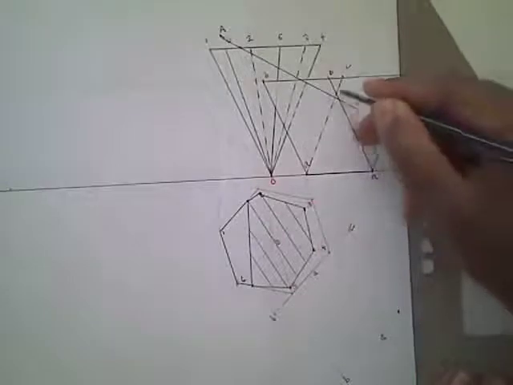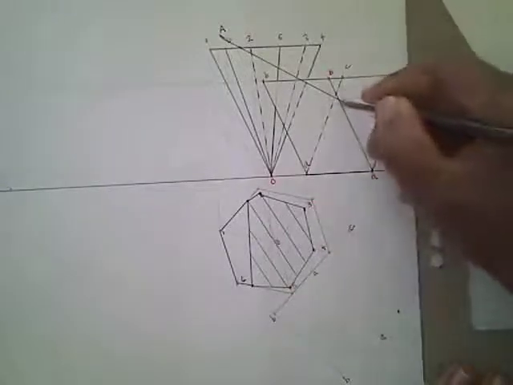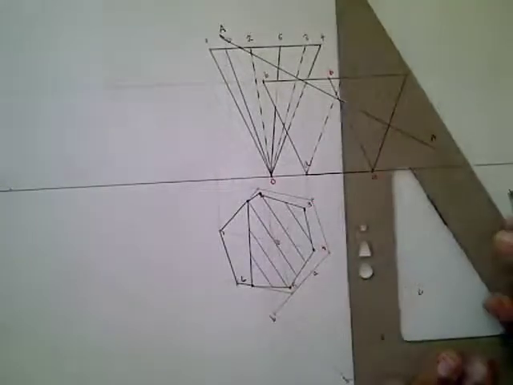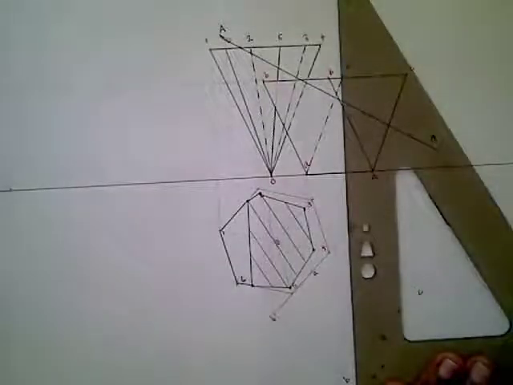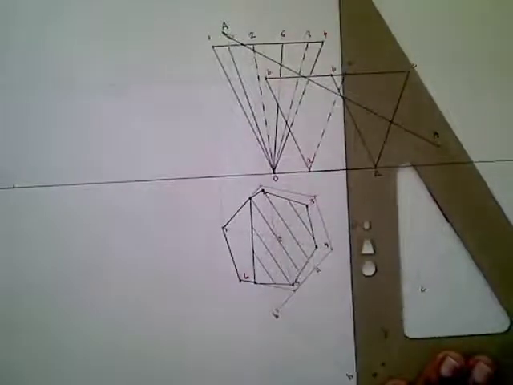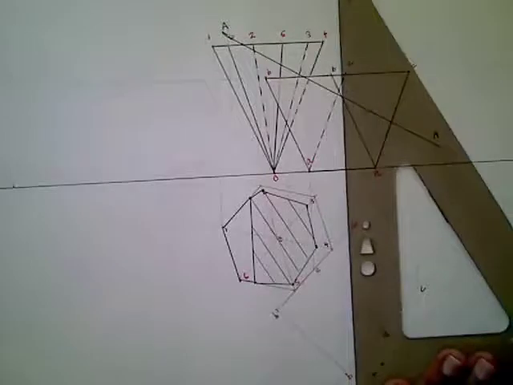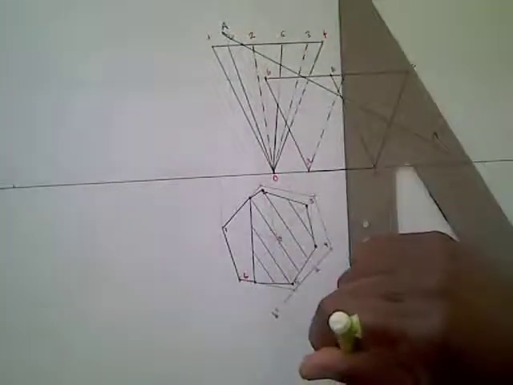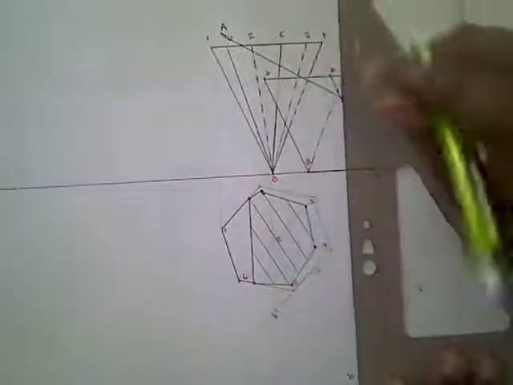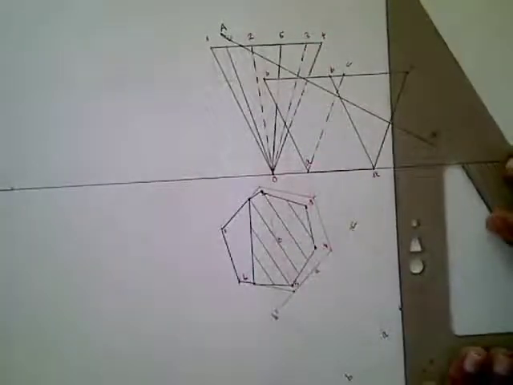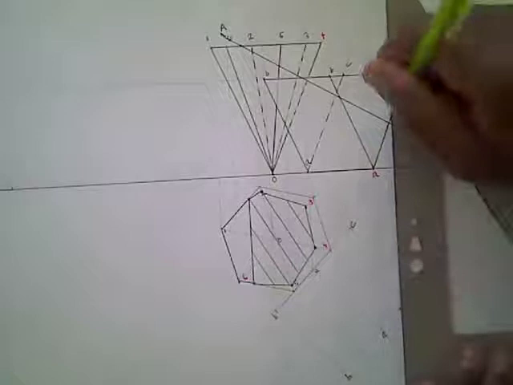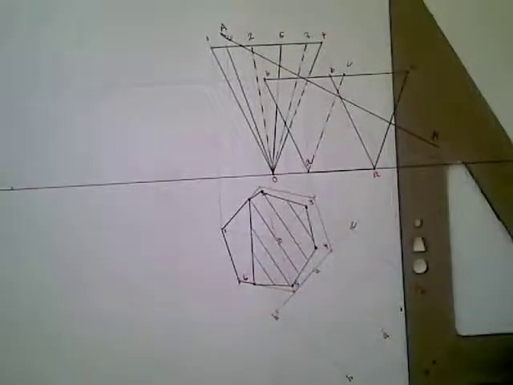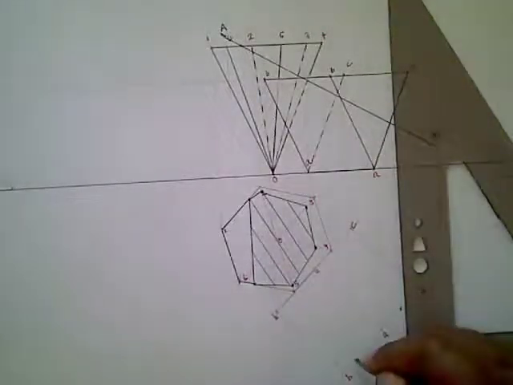And A, as it goes to B, it's cut there. Now let me show you these construction lines. A, as it goes to B, it's cut here.